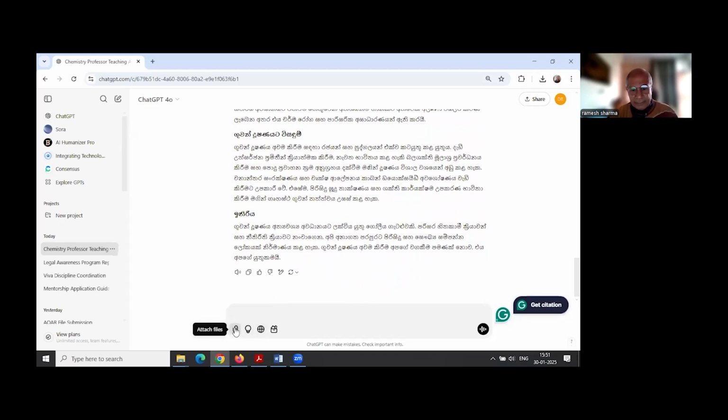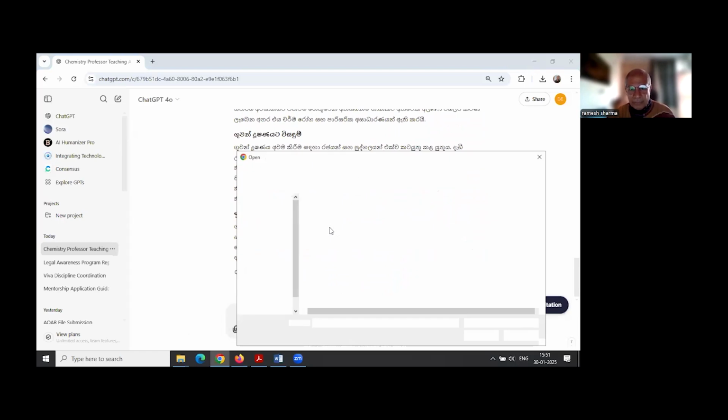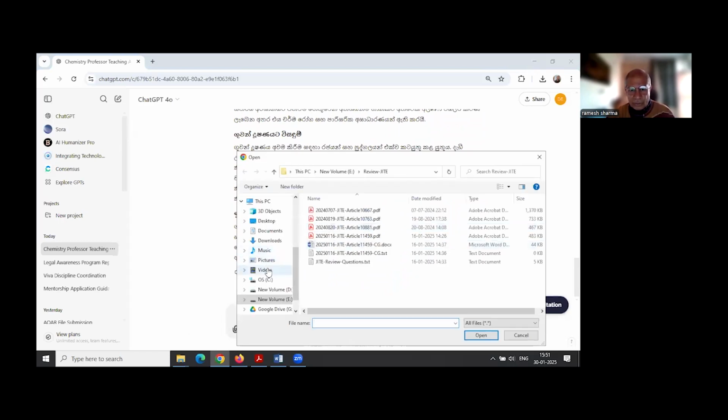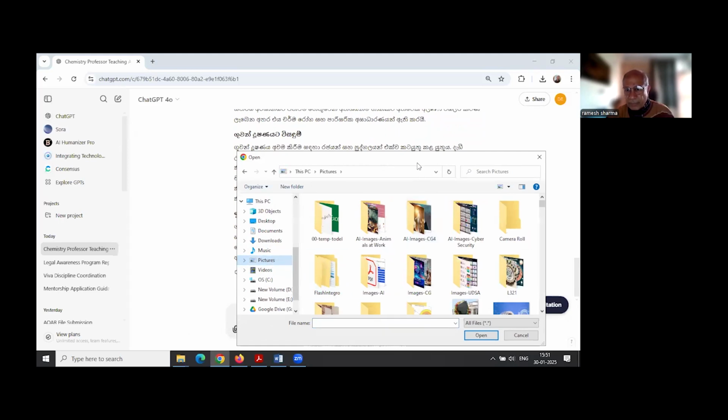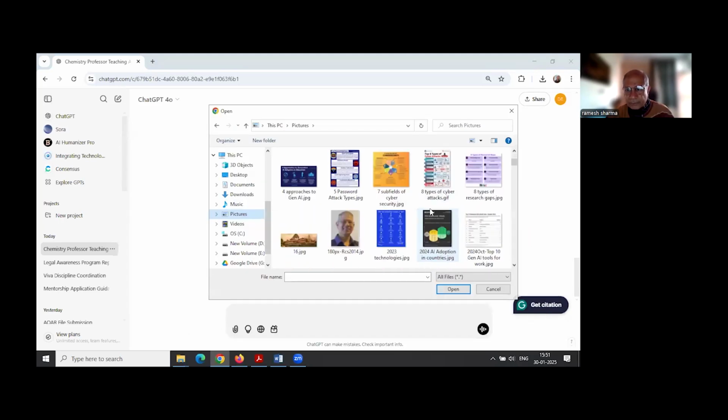Similarly, another advantage of this tool is that it can analyze uploaded images. Let us see if we can upload an image. Okay, here's the picture. Let me find a good picture.